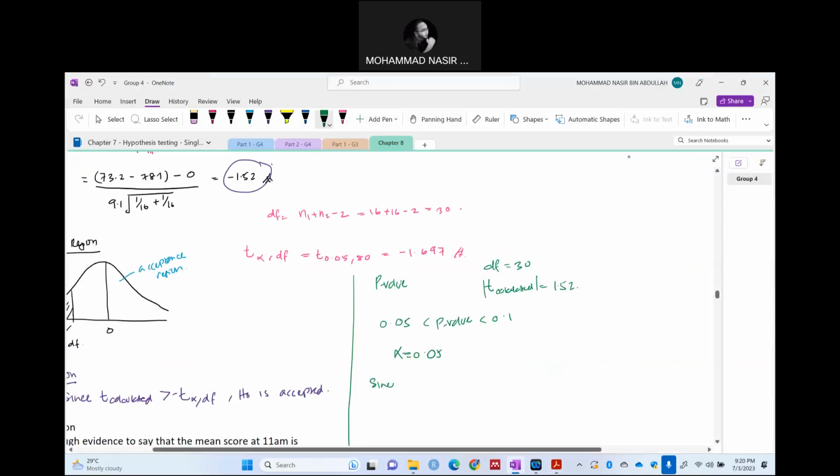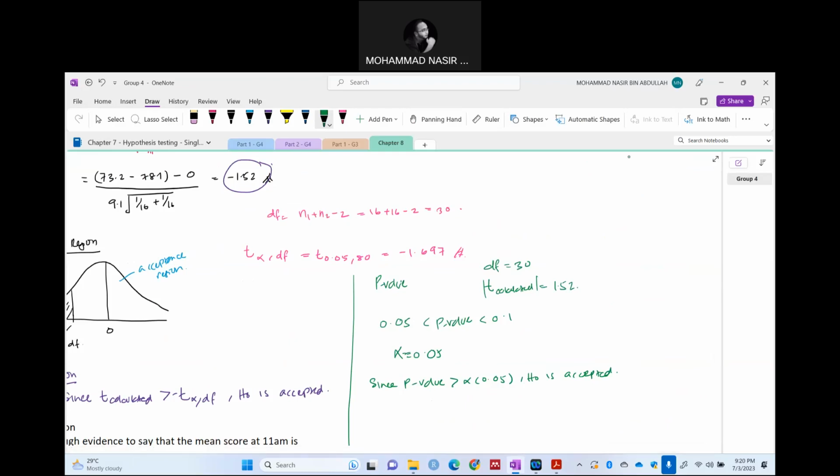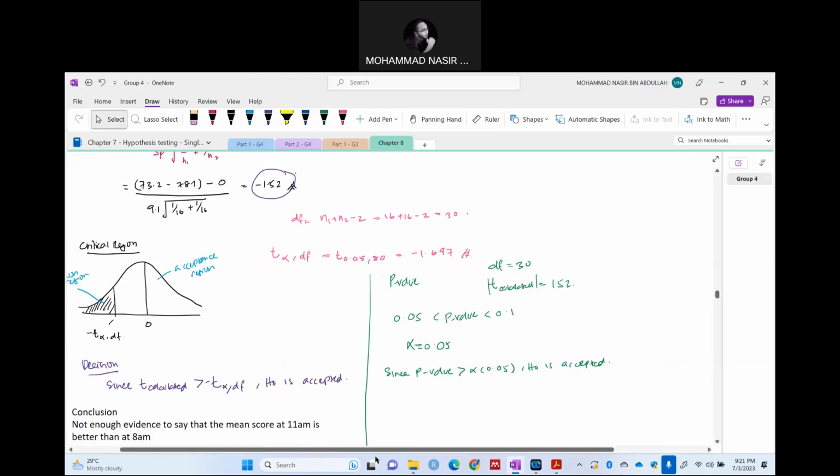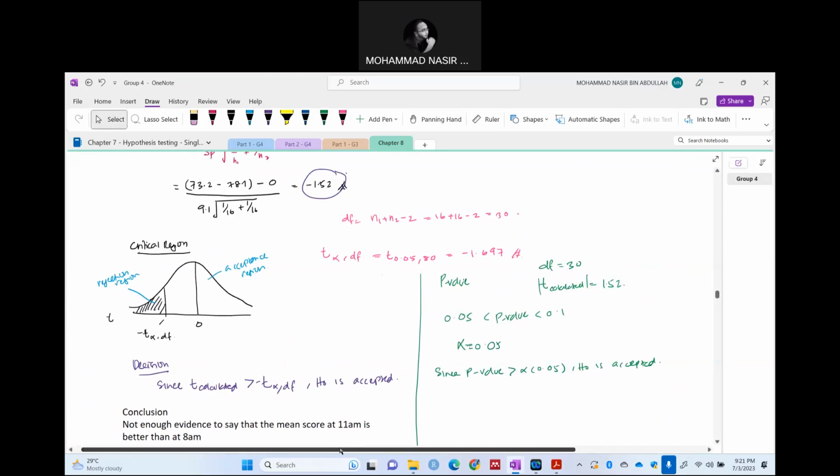So since the P value is more than alpha 0.05, we fail to reject the null hypothesis. The conclusion should be the same as the critical value approach.